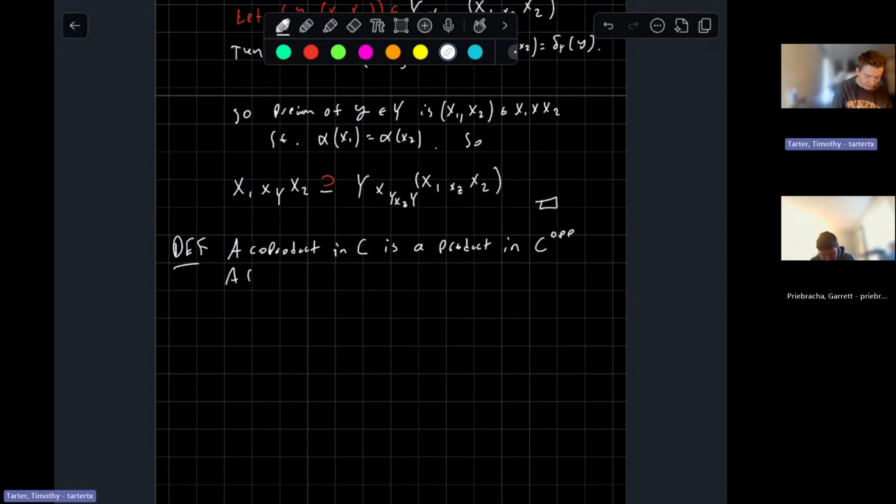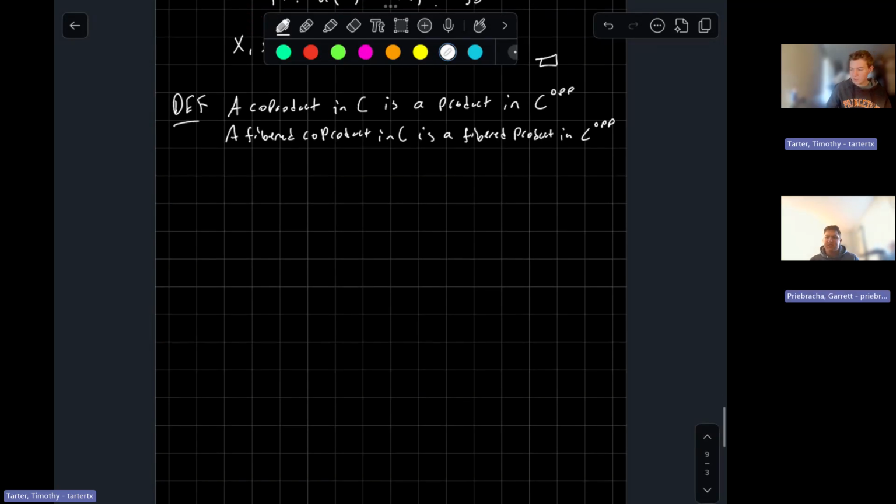And then a fibered coproduct in C is a fibered product in C op. Could you go over what C op is again? C op is C, but the arrows are reversed.